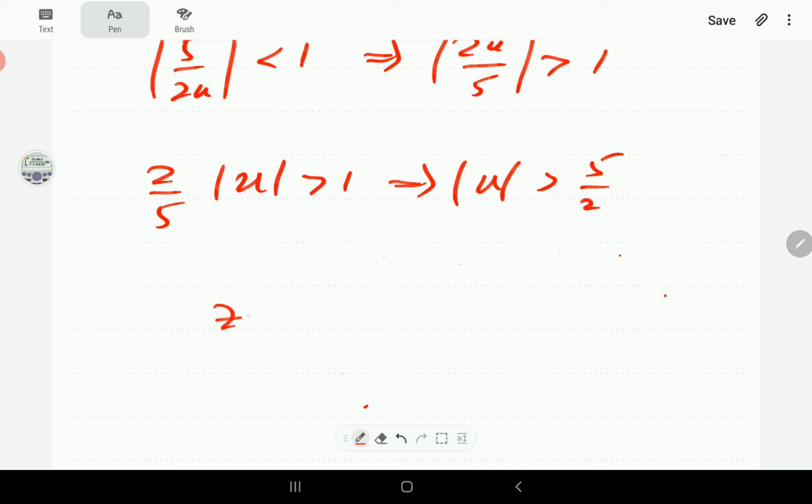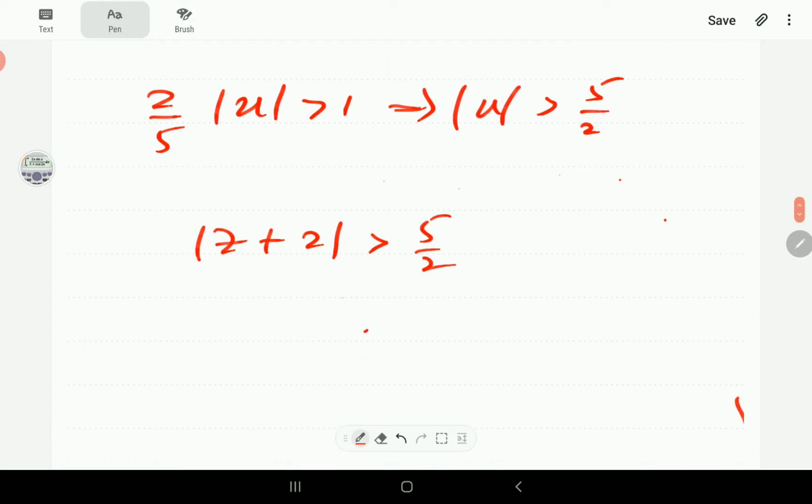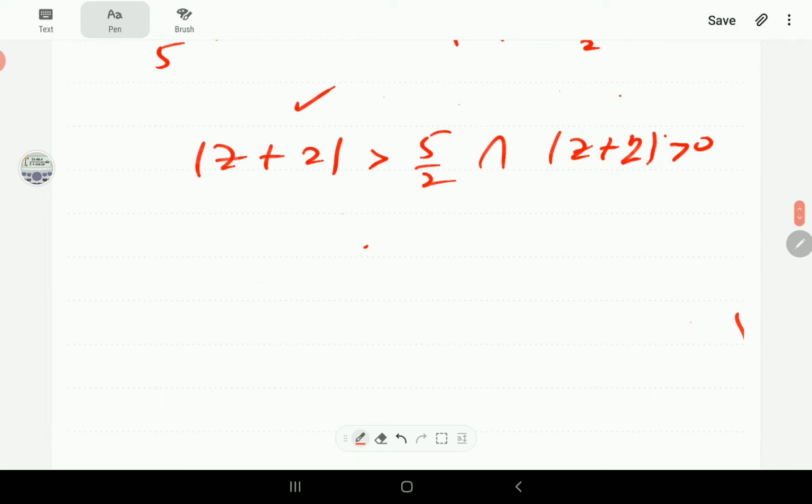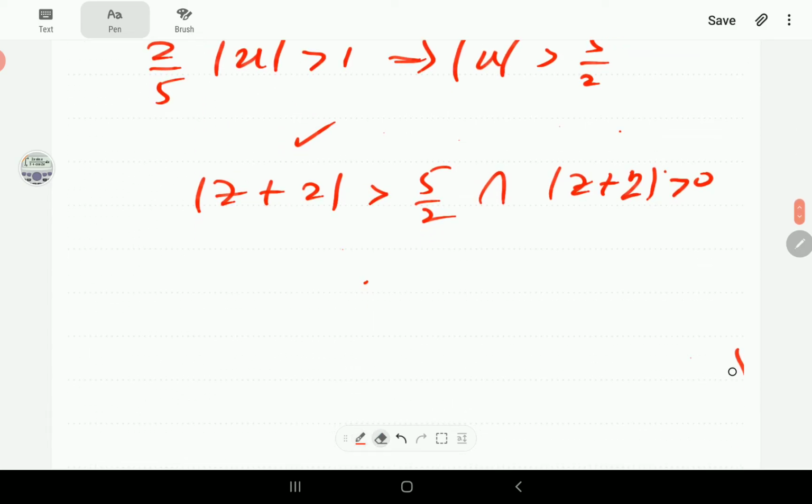And then of course u is z plus 2, so that's what that is saying. Now the intersection of this and this is just going to be this one here. So that is going to be the region where the series is convergent, and hence the region that we require.